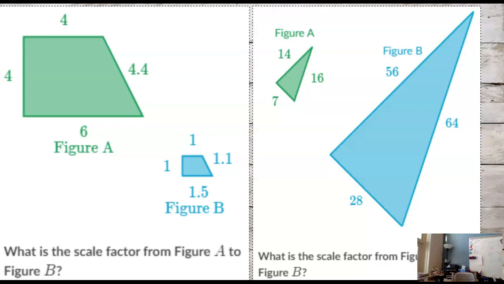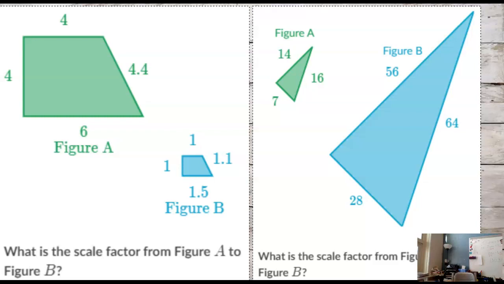To figure B, that's your new shape. Well, that's really small. So pick corresponding sides. Doesn't matter if I pick my left sides, my tops, my bottoms, my right side. Doesn't matter.